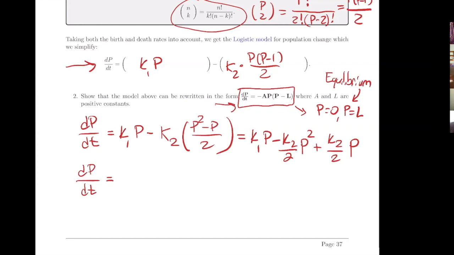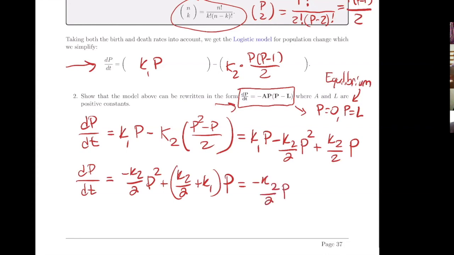And so now we can write this as, just grouping my p terms together. And now it's just about in the form that we have above. And I could say then we could just factor out this minus k2 over 2 and p from each of those terms.